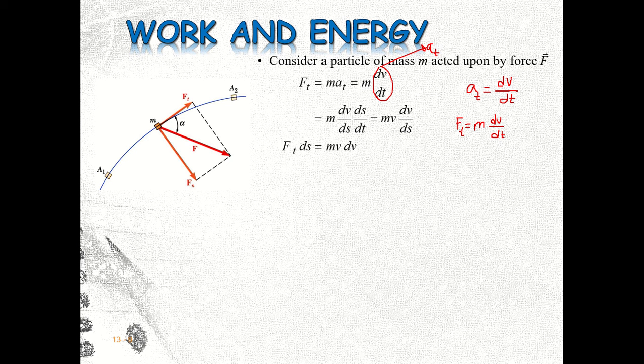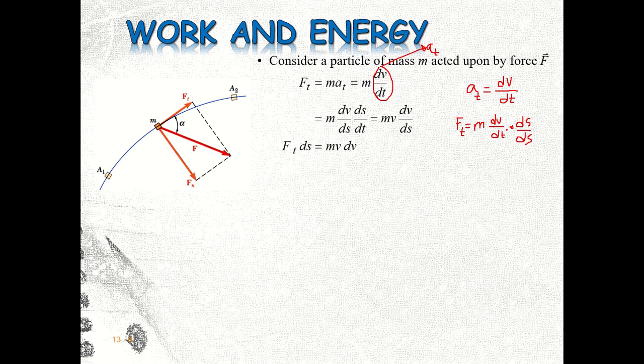Okay, so now if we are going to manipulate this, for example, multiply the right side by ds over ds, are we changing the equation? So we're not changing it, because ds over ds is just equal to 1.